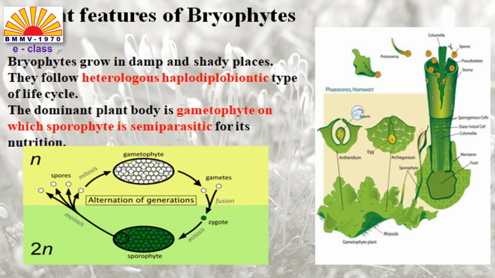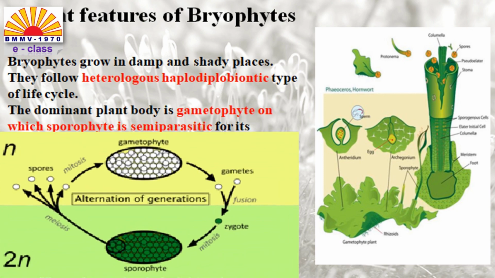The dominant plant body is the gametophyte. That means gametophytic generation is the dominant generation, and the sporophyte is semi-parasitic. The sporophyte is always attached to the gametophyte with the help of specialized cells known as foot.